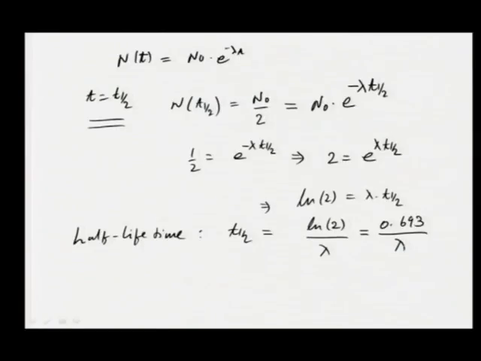So, half life is a measure, and this is probabilistic. As we said, we cannot talk about the time that one particular nucleus will stay alive, but in a sample we can talk about the time taken by the sample to reduce its number or amount by half. This is called the half life of the sample.